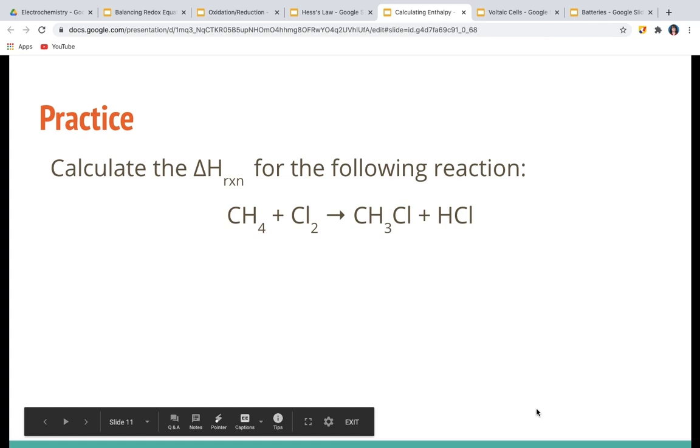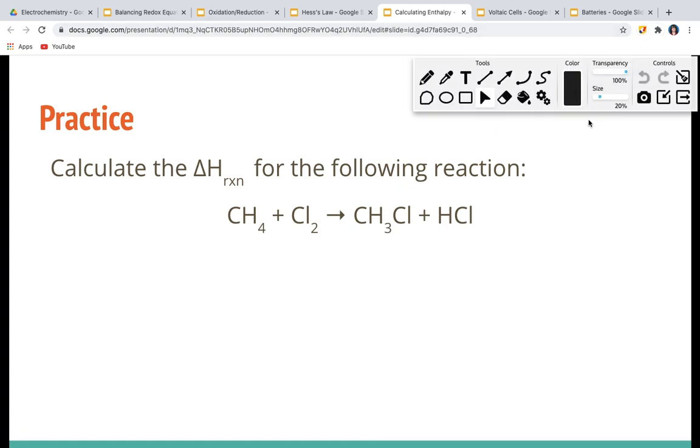Okay? So same thing with this next one. We have CH4 plus chlorine, and that makes CH3Cl and hydrochloric acid. Okay, so I don't have this one written out. So what we're going to do, first we need to draw Lewis structures.